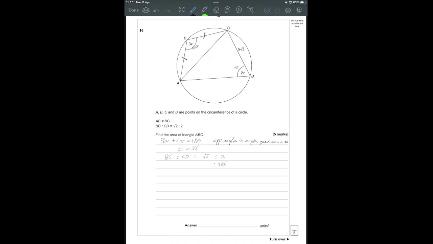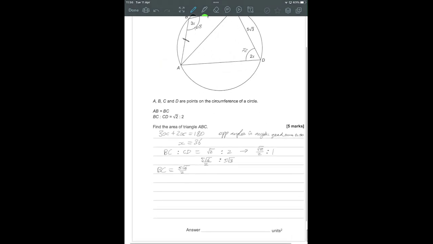I'll write this as root 2 over 2 to 1 by dividing both sides by 2. And then I can just multiply by 5 root 3. So if I multiply both sides by 5 root 3, that gives me 5 root 6 over 2.